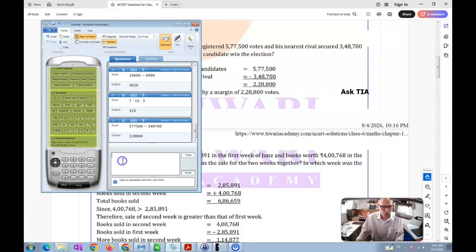Okay, don't use a calculator. You use a calculator if you want to check your work, of course. So that's 577,500 minus 348,700. That's 228,800, which is the number over here. Okay.